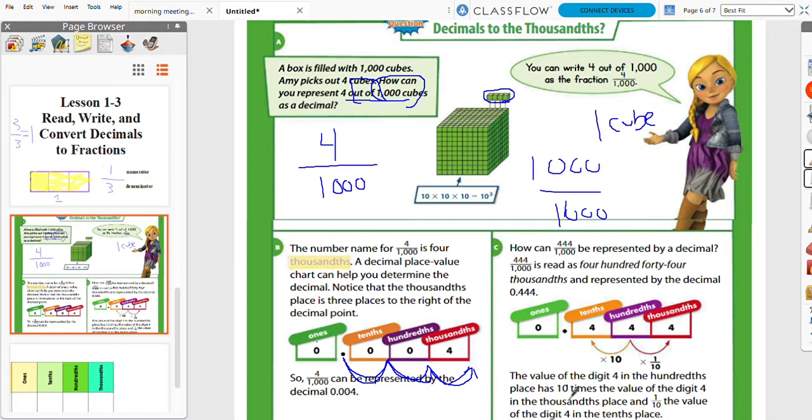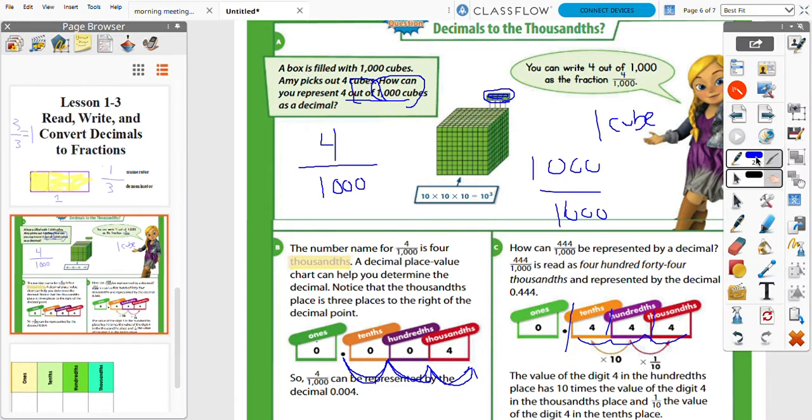So the relationship in each period goes times 10 as you go from left to right. And to prove that to you, let's look at this cube again. If I had 10 times 10 of this 4, I would have 40 cubes. 40 cubes would be 4, I'm going to do this in red, of the rods.